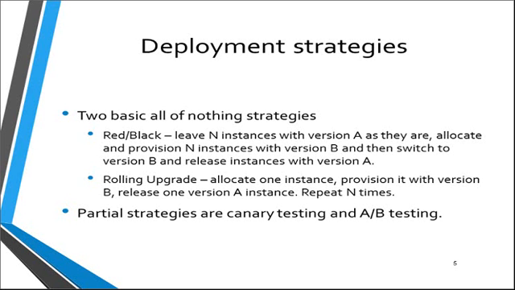A second all or nothing strategy is rolling upgrade, where I allocate one instance, provision it with version B, release one version A instance, and I repeat this. There are also partial strategies, which we'll talk about later.